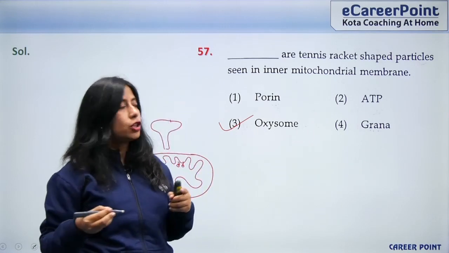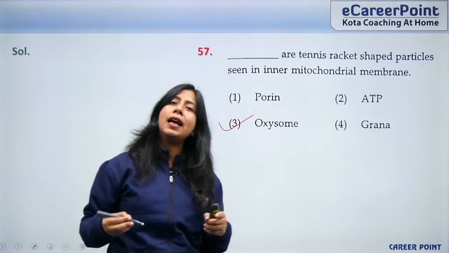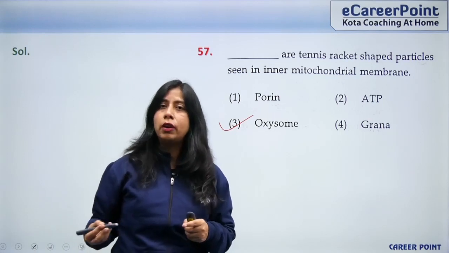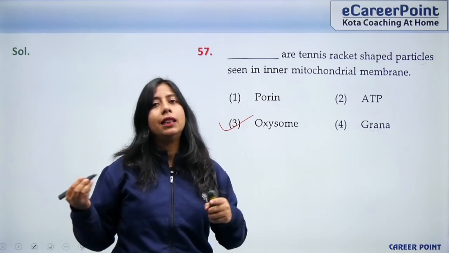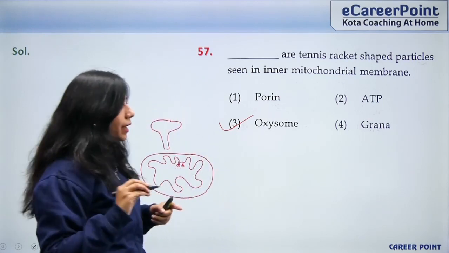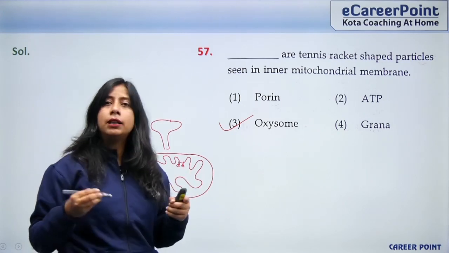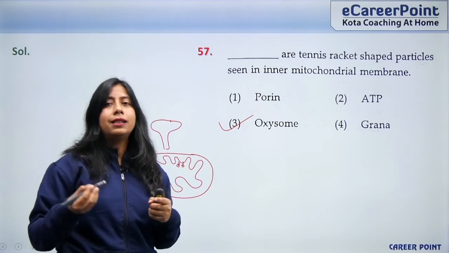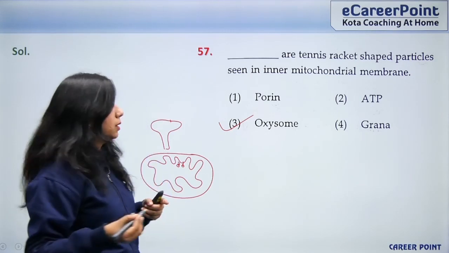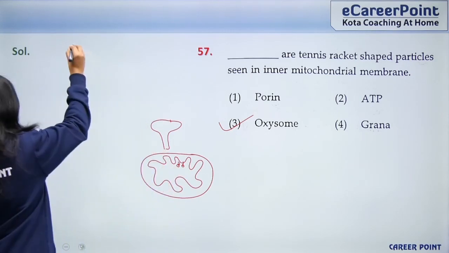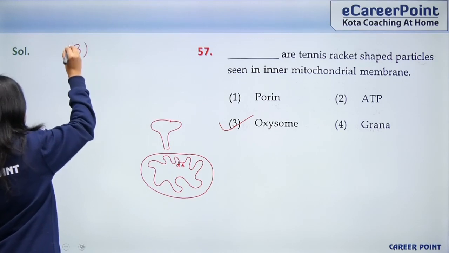So ATP production is done in them. Grana is not related to mitochondria, it is present in the plastids. So entirely different. ATP is the energy molecule and porins are the protein molecules, acting as a channel for the movement of substances. So here the answer is 3.